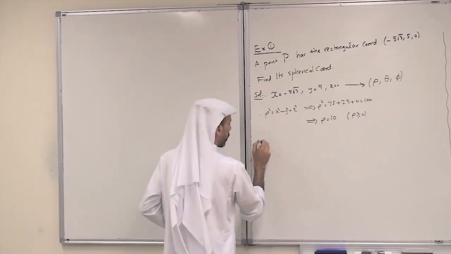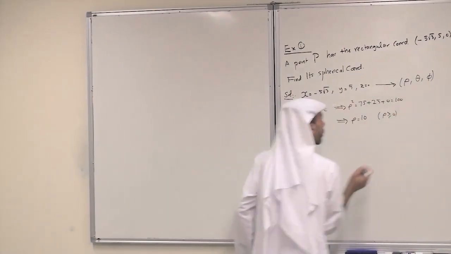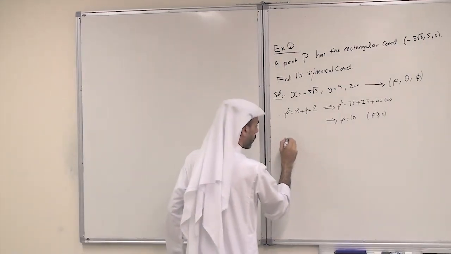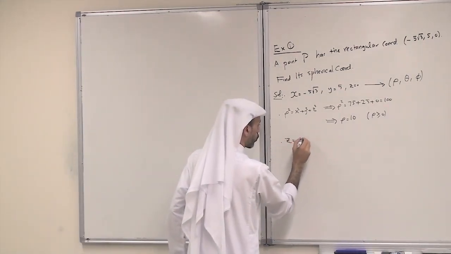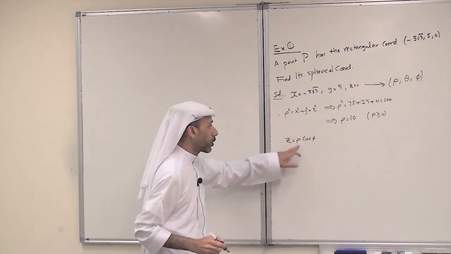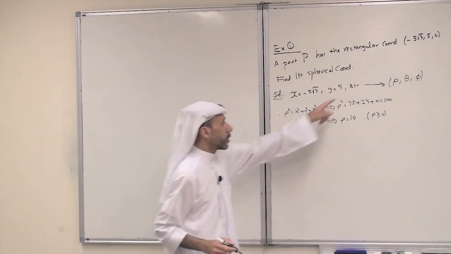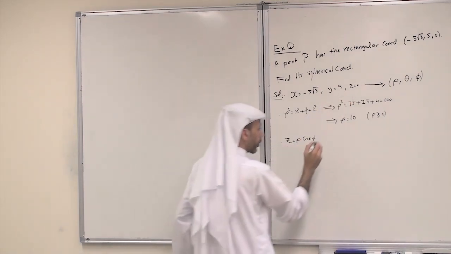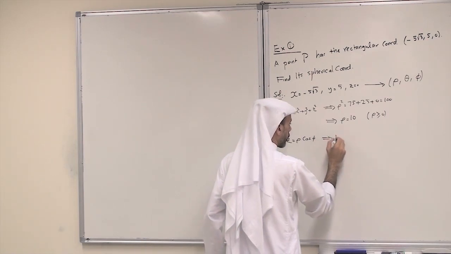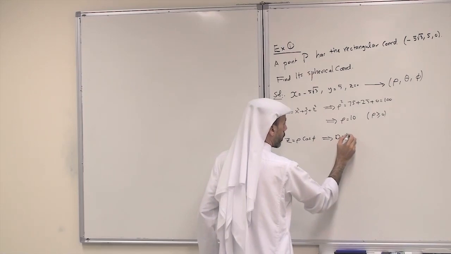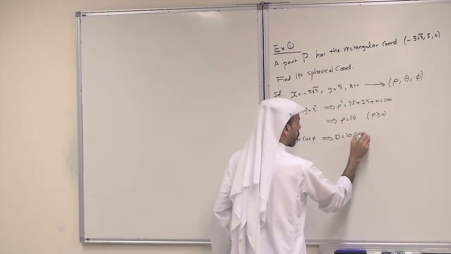Now the next one, I can find phi. Again, I have to use one of the relations, and the relation is z equals rho cosine phi. So if I know z and rho, I can find phi. So substitute: z equals 0 and rho equals 10, so 0 equals 10 cosine phi.